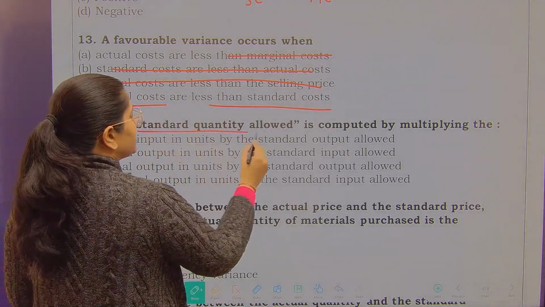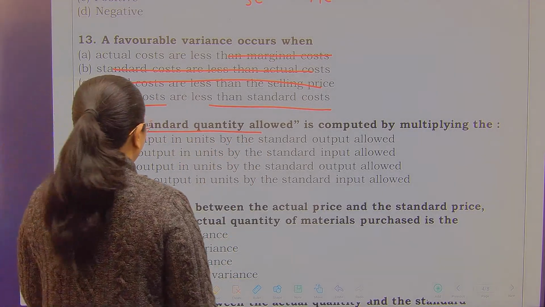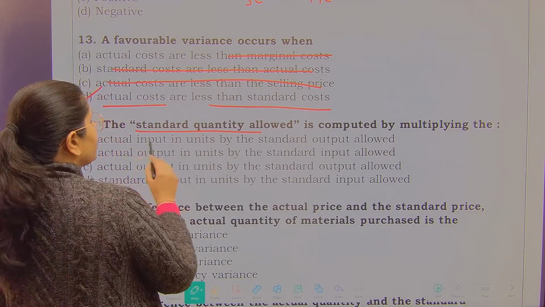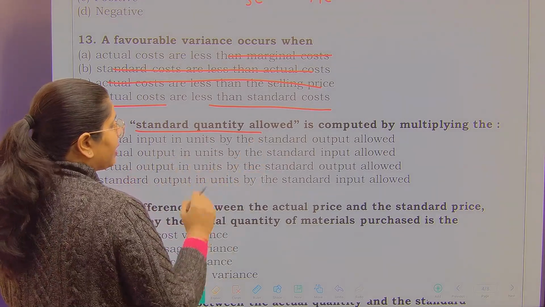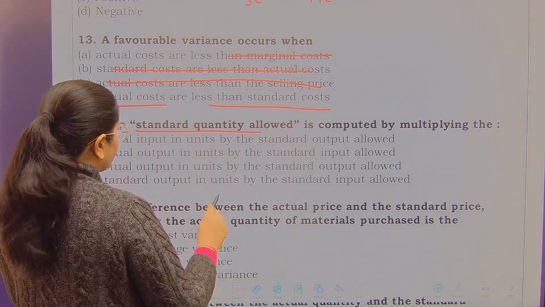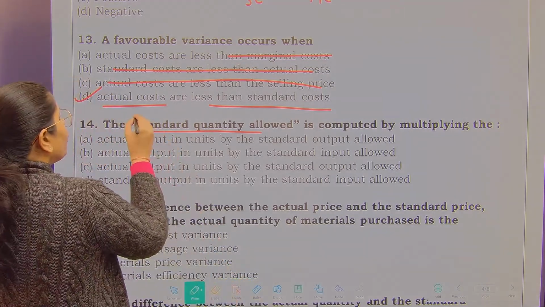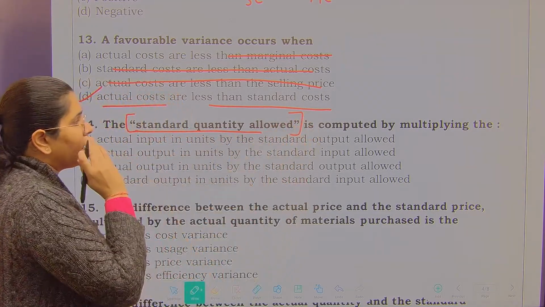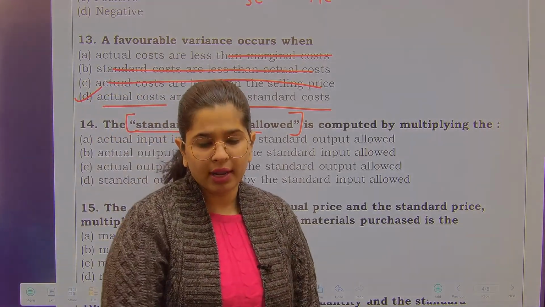The standard quantity allowed is computed by multiplying the... now what should be the standard quantity allowed? Actual input by the standard output, actual output by the standard input, actual output by the standard output, and standard output in units by the standard input allowed. See, we want to find out the standard quantity allowed, right? Standard quantity of what? Obviously standard quantity of your inputs.